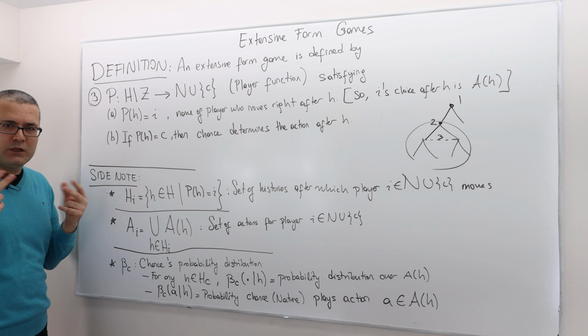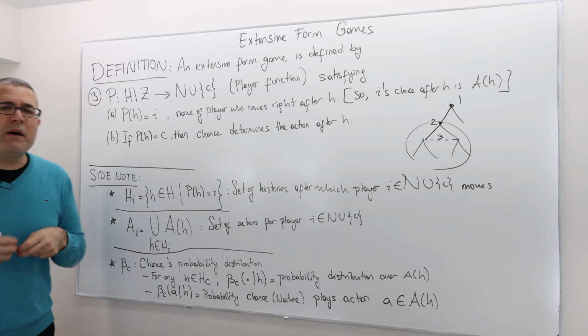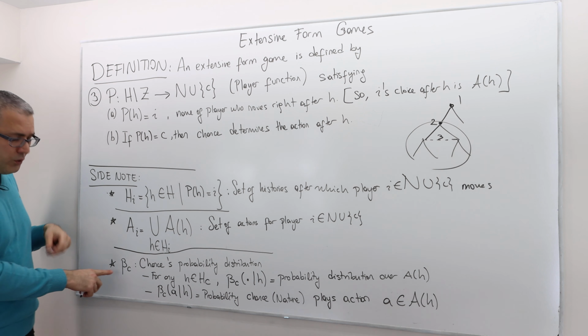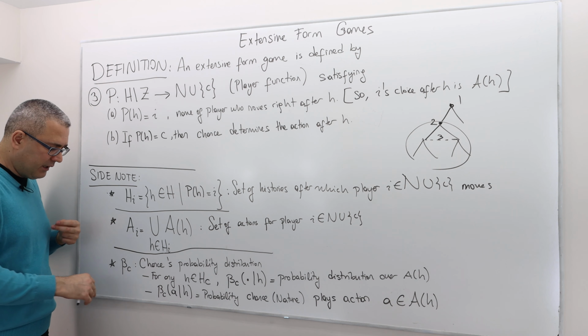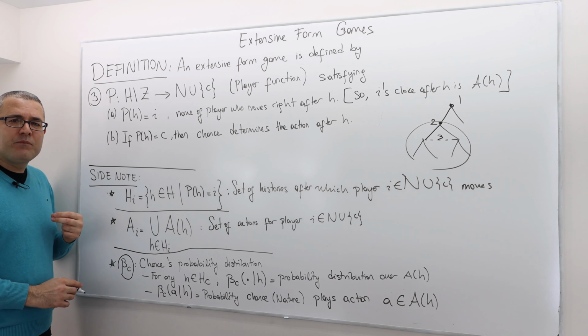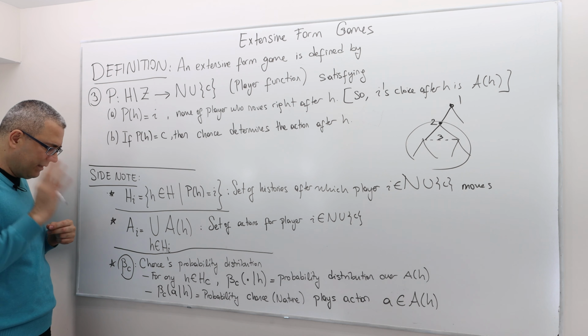Finally, what about nature's move? Well, if nature is making any move, chance and nature we use interchangeably, we're going to denote it by beta C, because we're going to later use this beta as part of some strategy, but later.